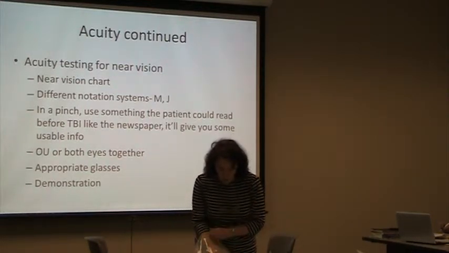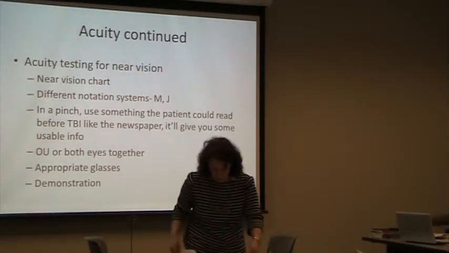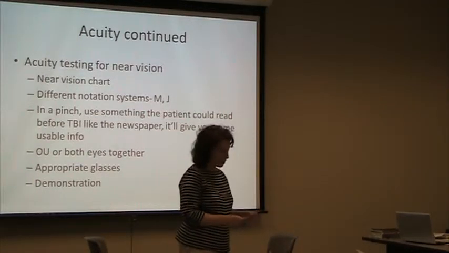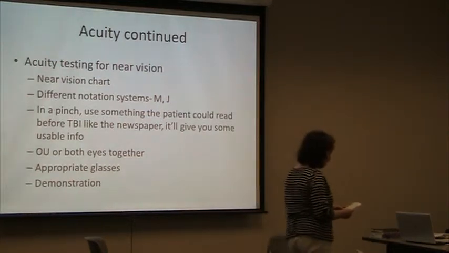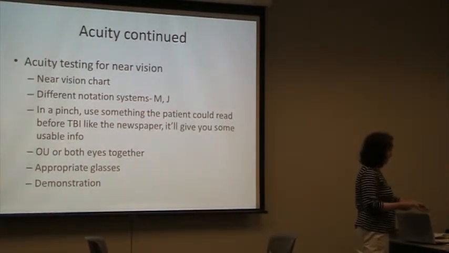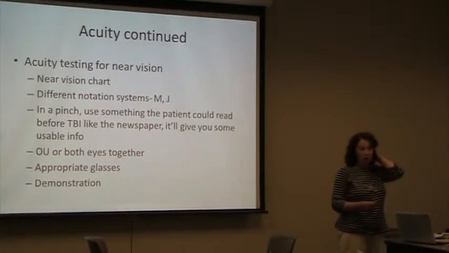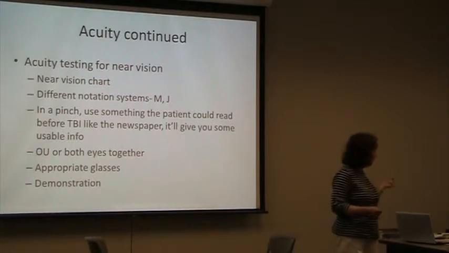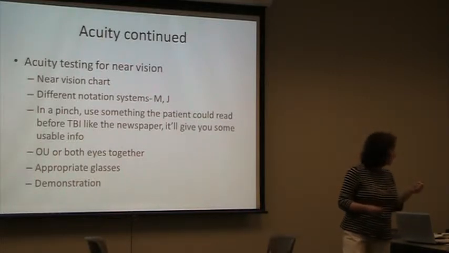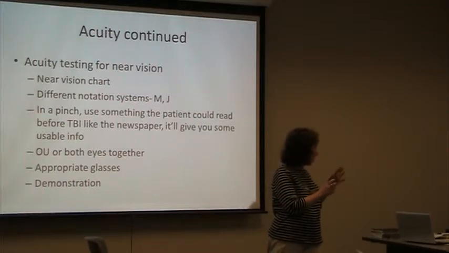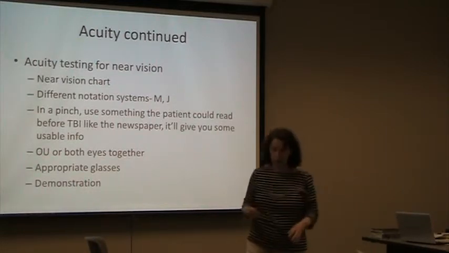It's widely used, but it's really not as accurate as the M's. That's for print size. I'm going to pass around a card for J, and on the back it has the Snellen equivalent and what size of printed matter, like a telephone book, et cetera.